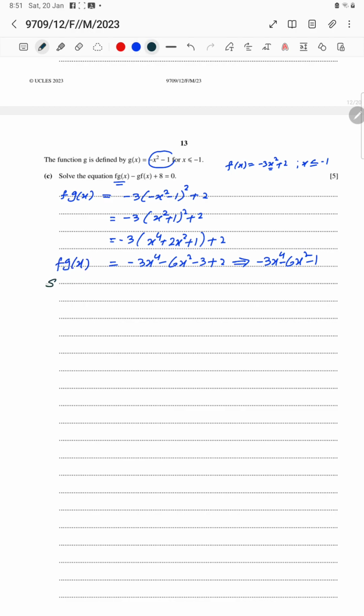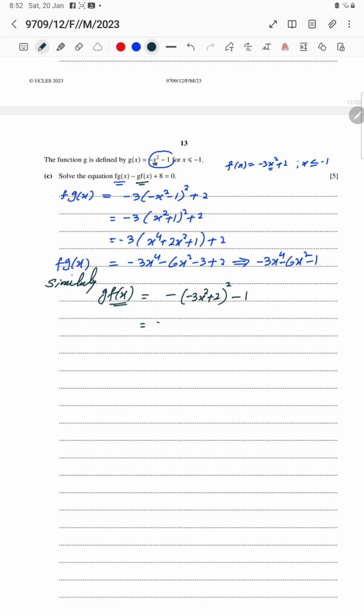Similarly, I can do the second one, g f of x. This time all of f of x must be inside g. So f of x will be here: minus (-3x square plus 2) whole square minus 1.